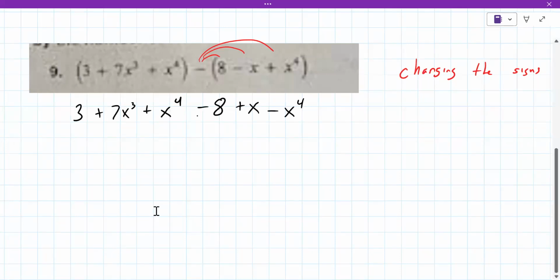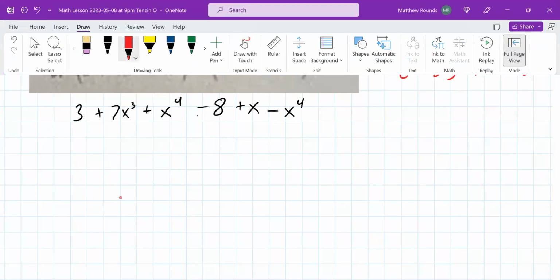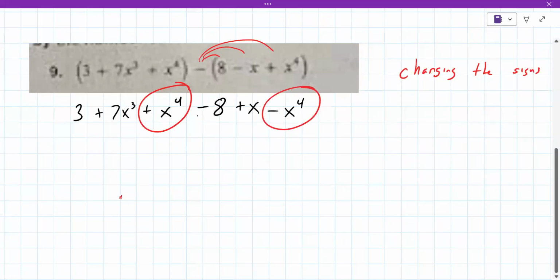Now, combine like terms, okay? And you really want to start with the highest degree power. What happens to those? They cancel out. Do you have anything to go with the 7x cubed? Do you see any other x cubes? No. So that just comes down. 7x cubed.